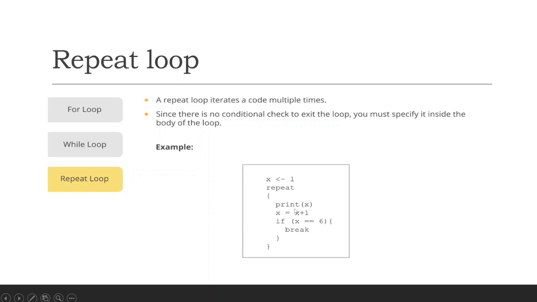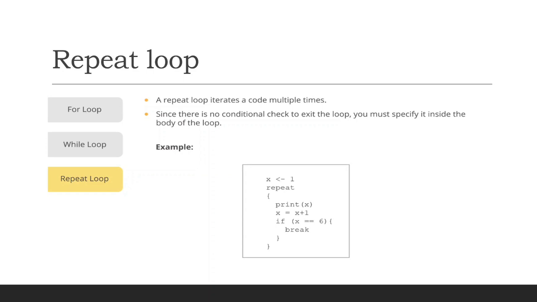Inside the repeat loop, we are printing x, incrementing x by 1, and it will go on until x is equal to 6. So when x is equal to 6, there will be a break. We will come out of the repeat loop, and 5 numbers from 1 to 5 will be printed. So this is the repeat loop.